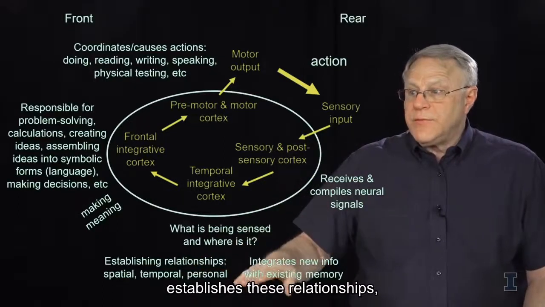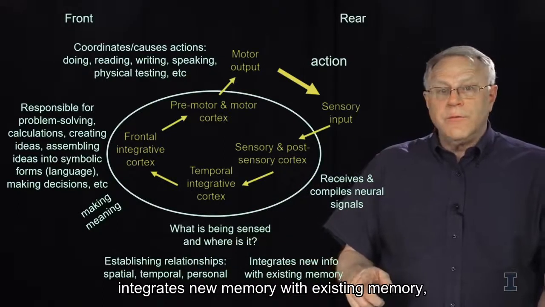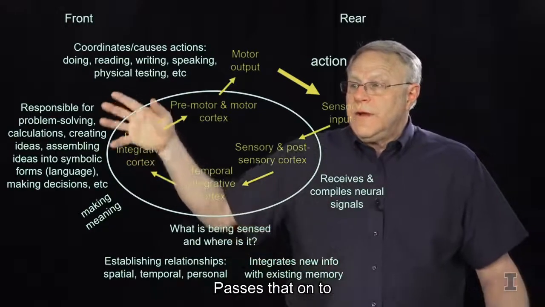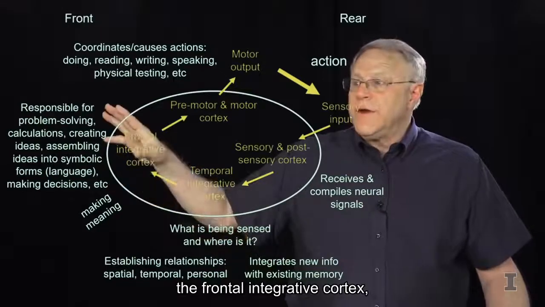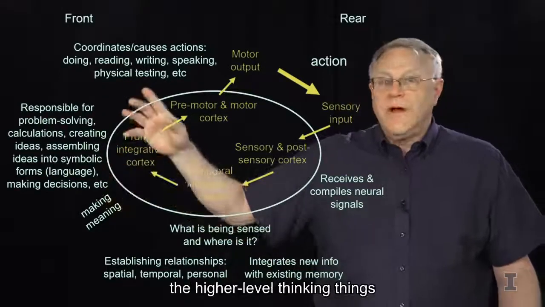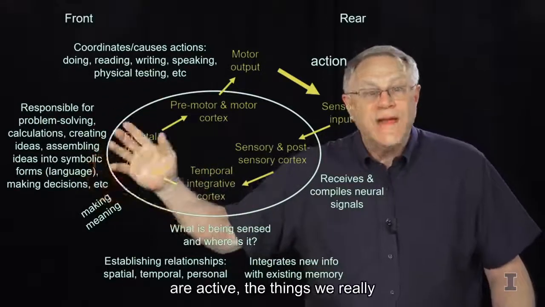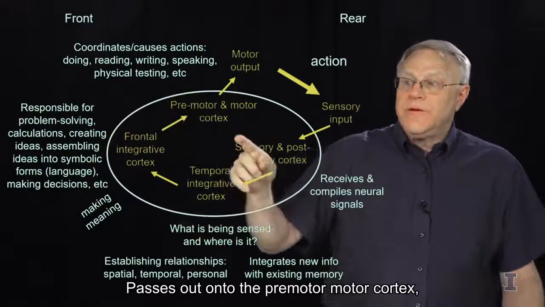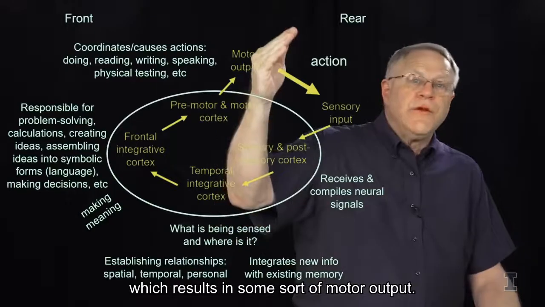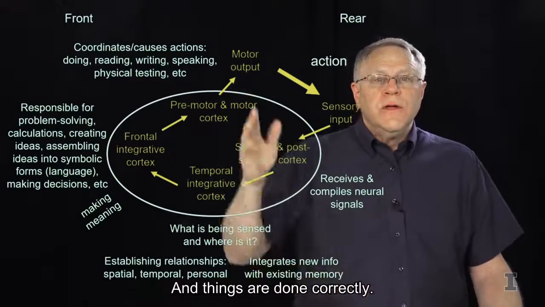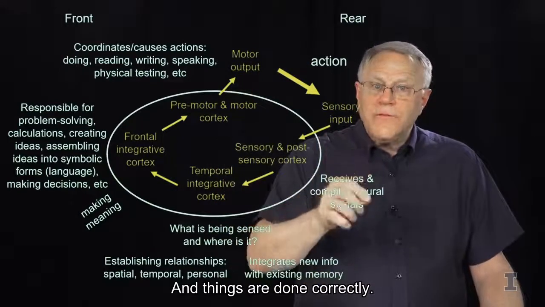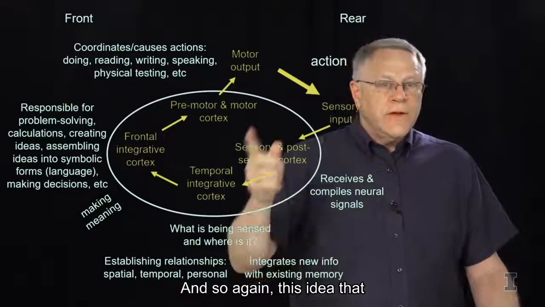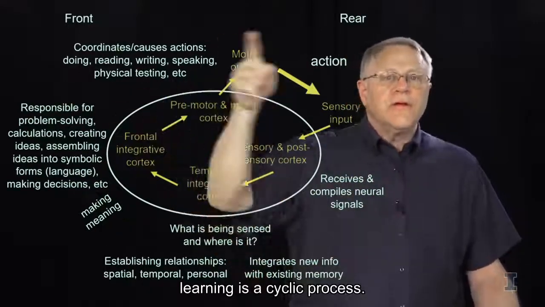Again, it establishes these relationships and integrates new knowledge with existing memory, and passes that on to the frontal integrative cortex, which is responsible for the higher level thinking, the things that are active, the things we really want to do and have our students do. That passes that on to the premotor and motor cortex, which results in some sort of motor output. And if things are done correctly, if things are done well, that starts another cycle. And so again, this idea that learning is a cyclic process.